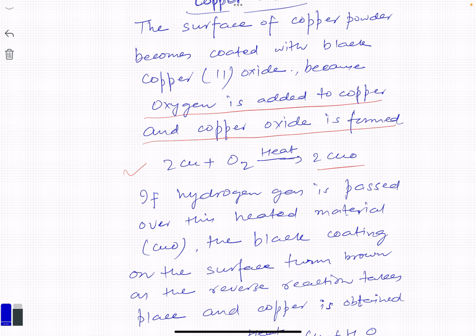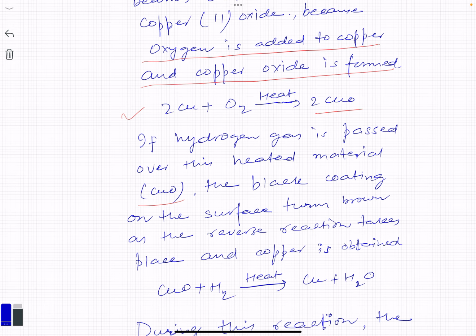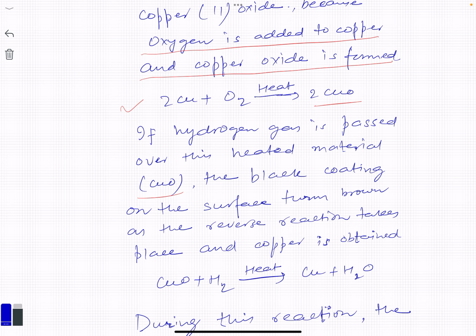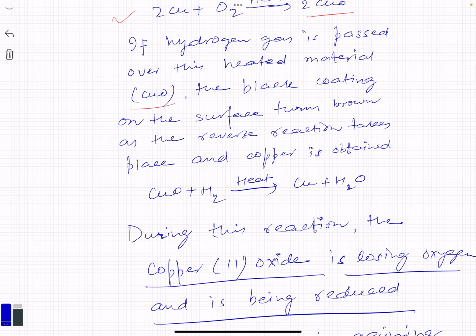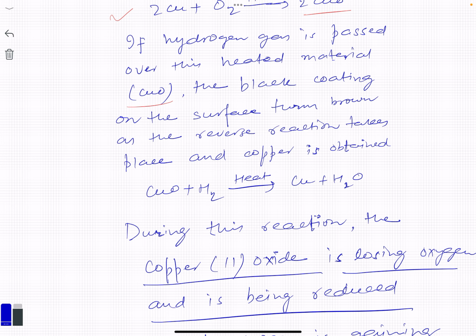If hydrogen gas is passed over this heated material, CuO, the black coating on the surface turns brown as the reverse reaction takes place and copper is obtained. In this reaction, copper(II) oxide is losing oxygen, that means it is being reduced.